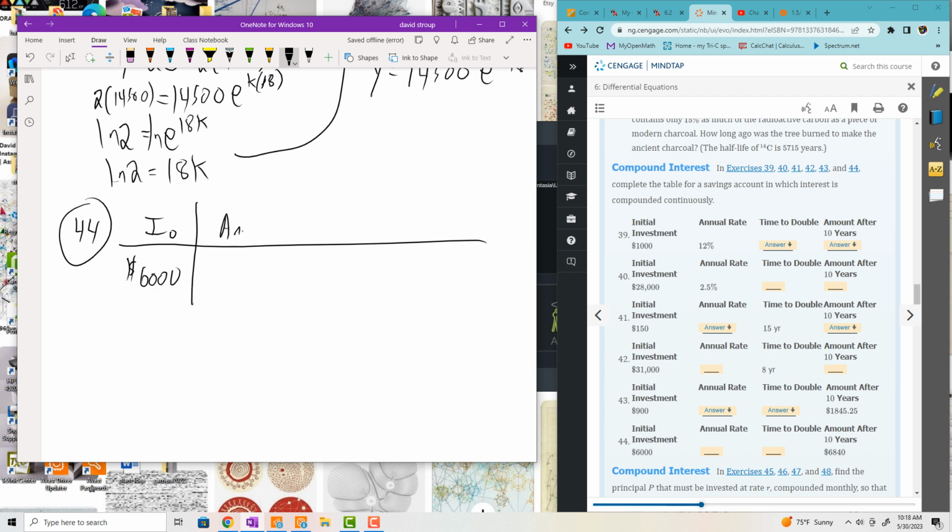And they want to know the rate, the time to double, and they give you the amount after 10 years. Okay, so that's the quiz.